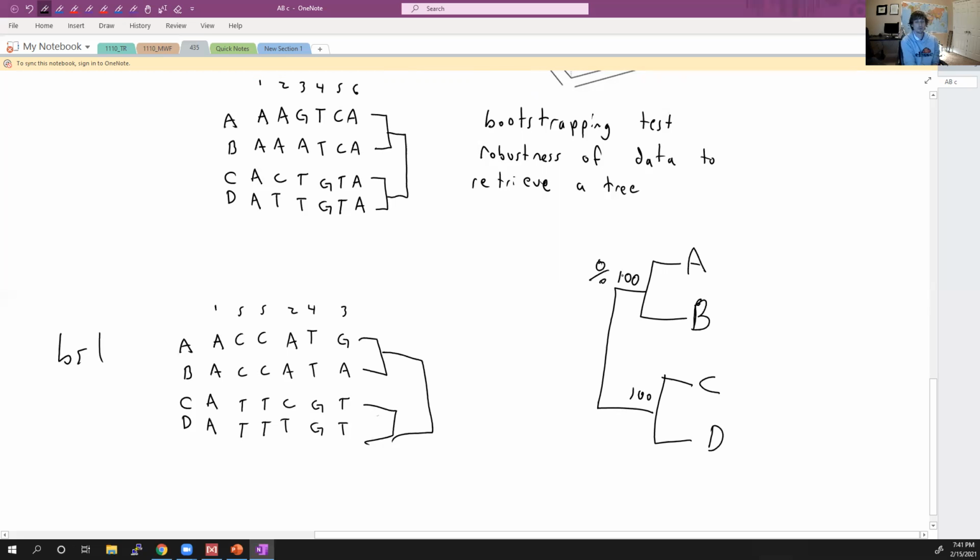So we're saying 100% of the time among the 10,000 bootstrap replicates we made, A and B were sister in 100% of those replicates. C and D were sister in 100% of those replicates. So we'll see these bootstrap values. And again, it tells us how robust the tree is, or how robust the data support the tree. And so Bayesian analyses don't do that, but maximum likelihood certainly does.